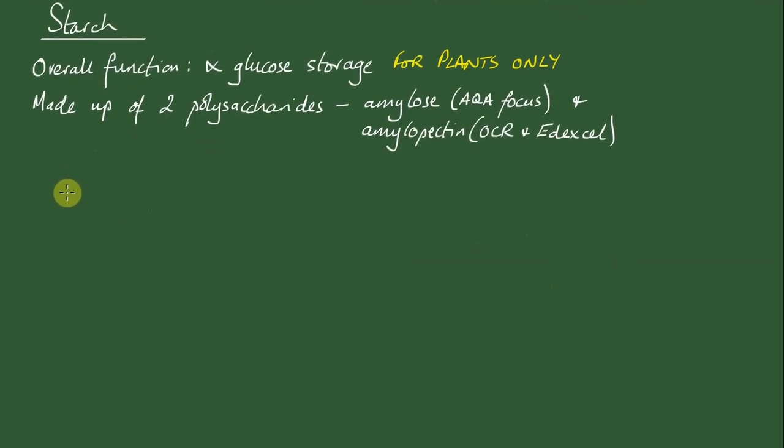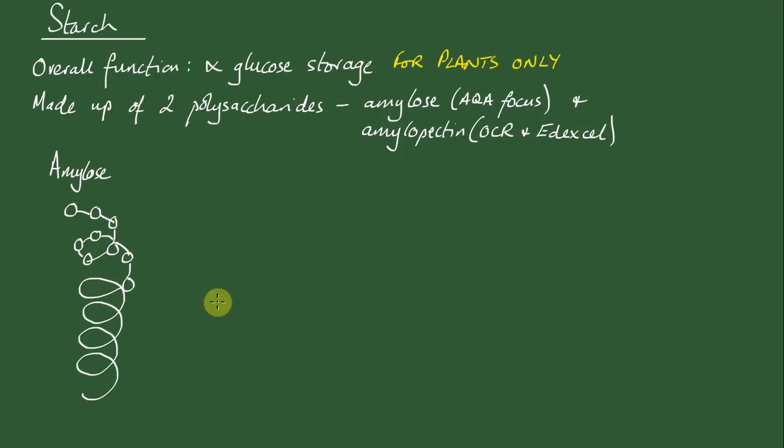So starting with amylose, here I am trying to draw a simple diagram of amylose. At the start, including the monomers of alpha-glucose, and continuing the diagram without them, it's a helix of alpha-glucose monomers.